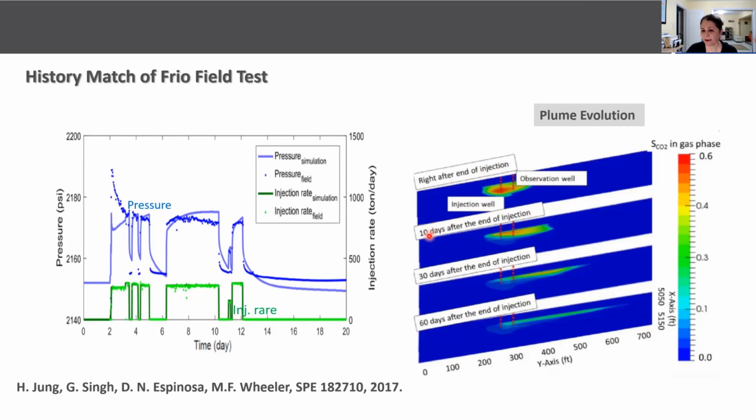And 10 days after, you see the plume is moving upward below the seal, and the saturation or the concentration is going to get diluted. This is after 30 days, and at 60 days it has already moved about 300 feet from where you injected. So you see that the plume is continuously moving and eventually is going to become completely stationary.